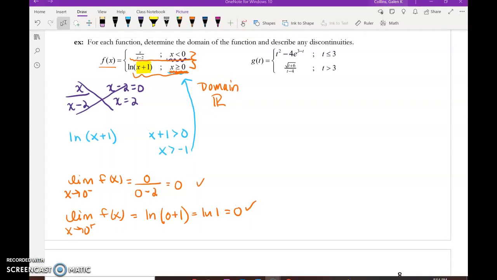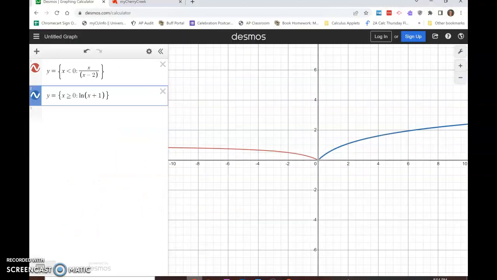Just to get an idea of what this function f looks like, I went ahead and graphed it in Desmos. I always have to Google how to graph a piecewise function in Desmos. I never remember. It looks a little funky, but the left-hand side in red is the piece that is x over x minus 2. So that's part of that rational function.